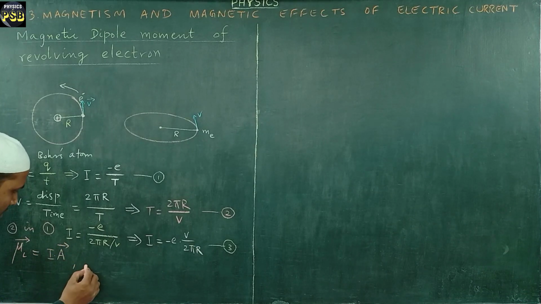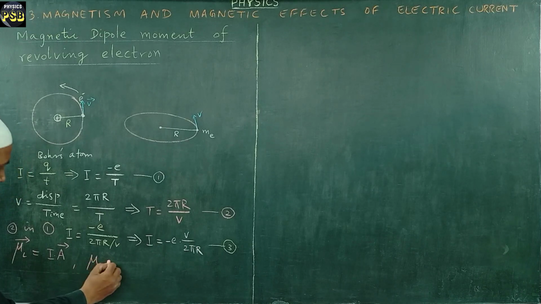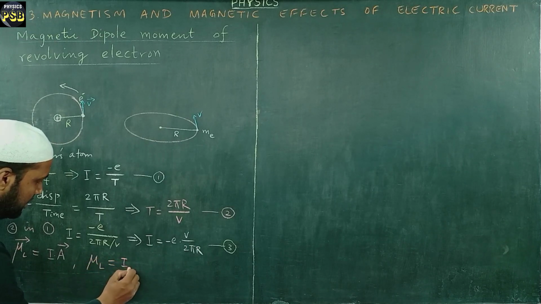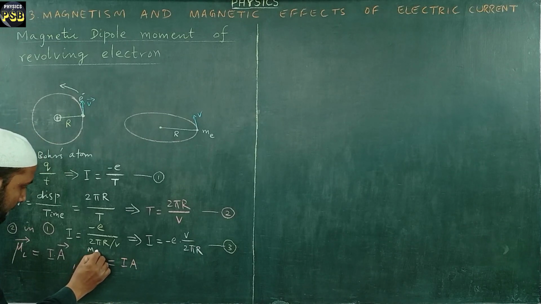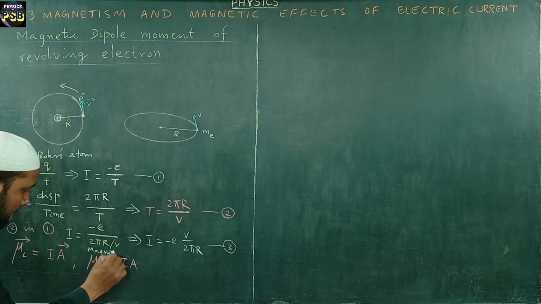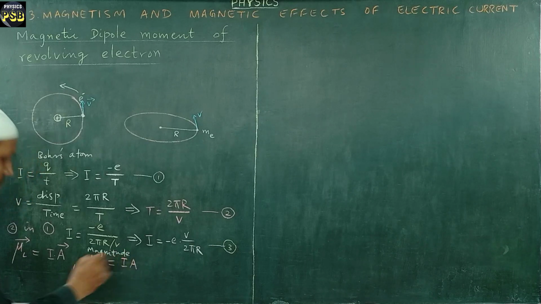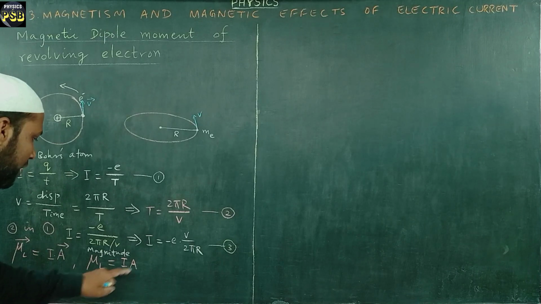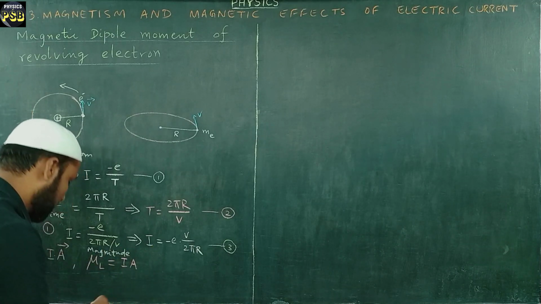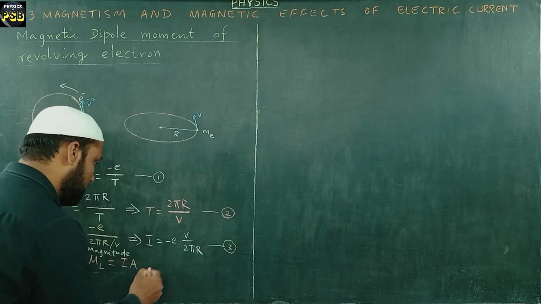The magnitude of the magnetic dipole moment is written like this: I into A. Okay, now I go ahead. I know the value of I. I take this as equation number 4.